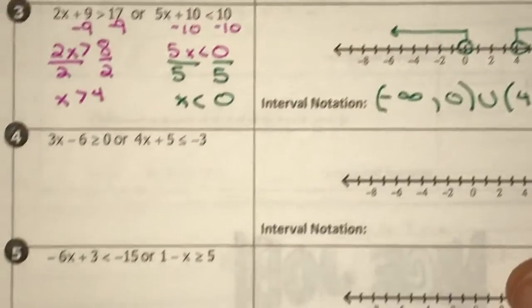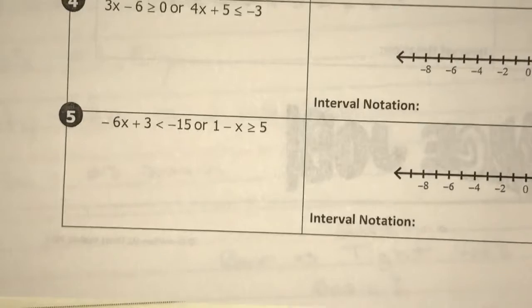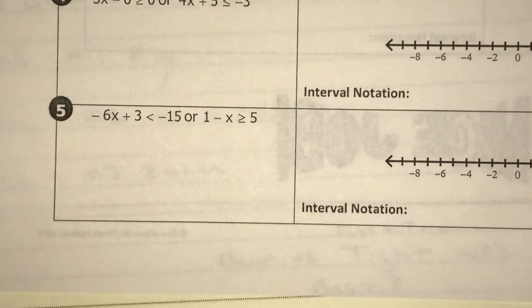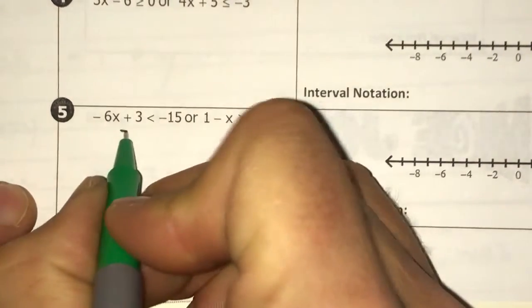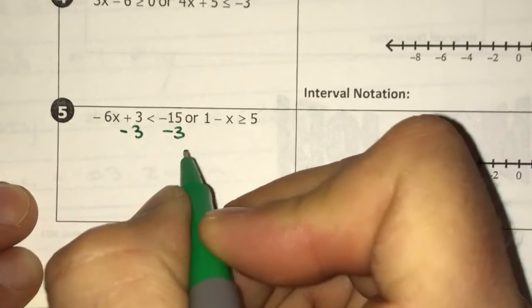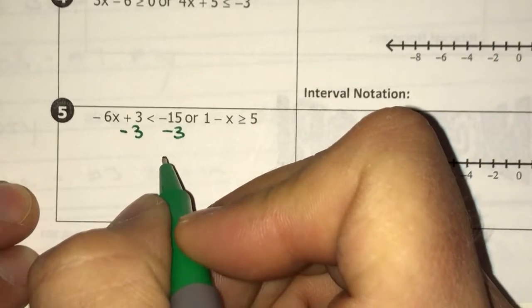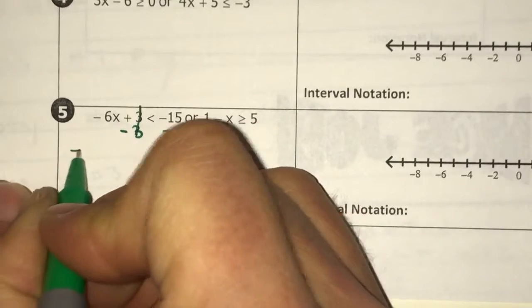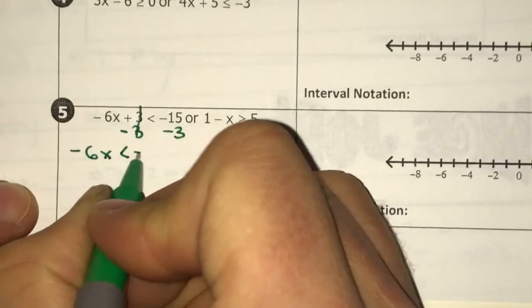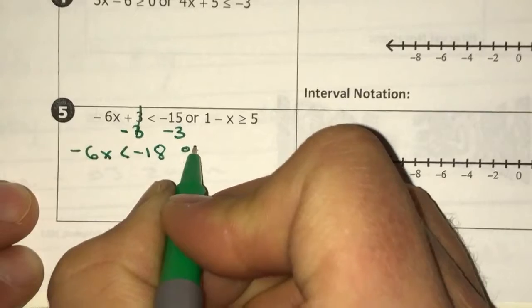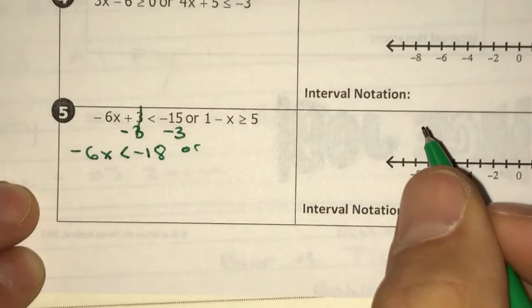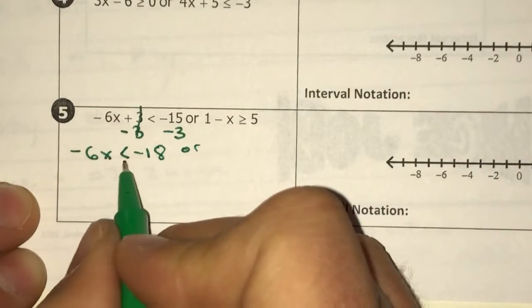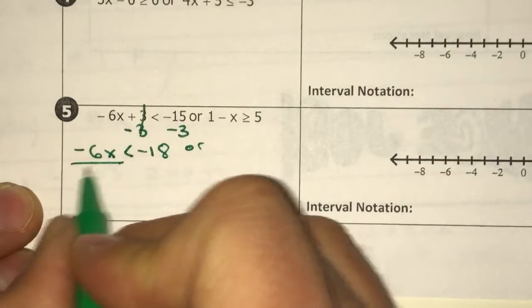Okay, let's do number 5 really quick. So we subtract 3 from each side. So -6x is less than -18, or I'll just finish solving this one. Divide each side by -6.